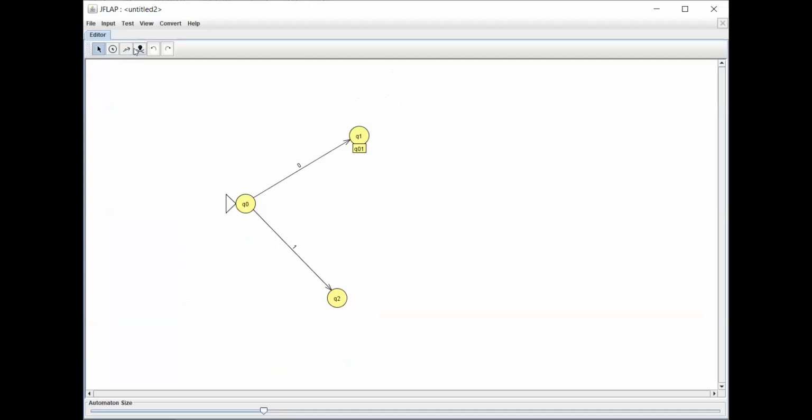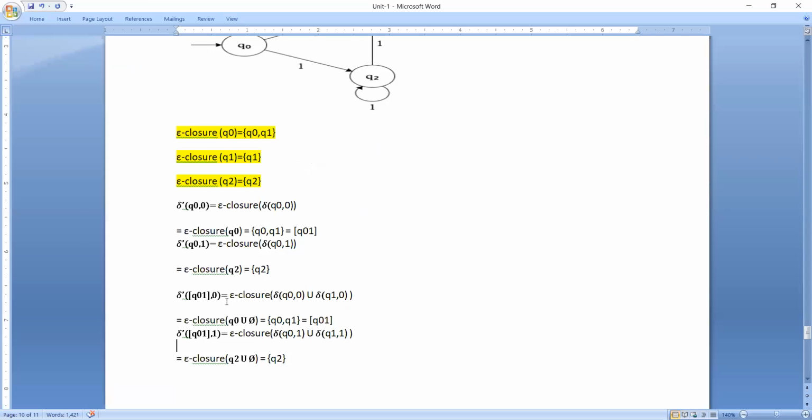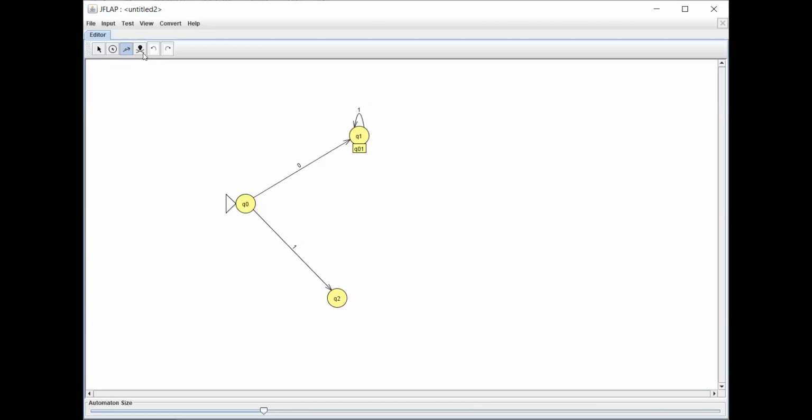Sorry, let me remove this. Q01 on 0 will be the same state, and Q01 on 1 will be Q2.